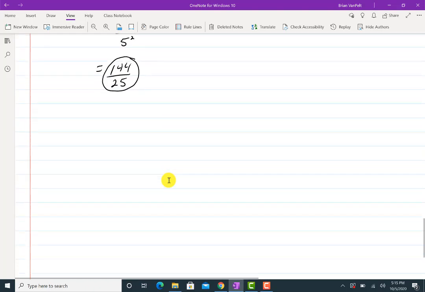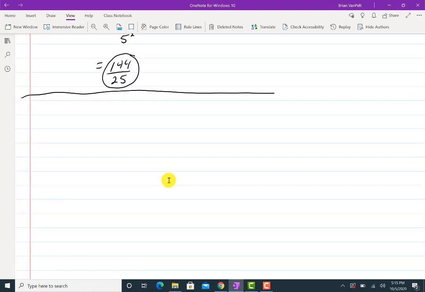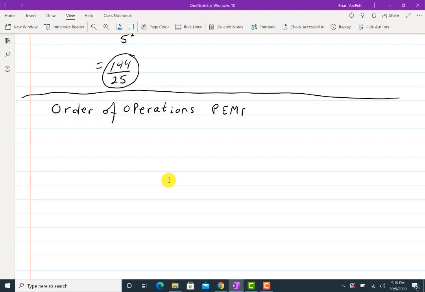Now, with all this said and done, we're ready to deal with the order of operations. This, of course, you know as PEMDAS. PEMDAS will be in effect for all the rest of the math that you ever do in your life.